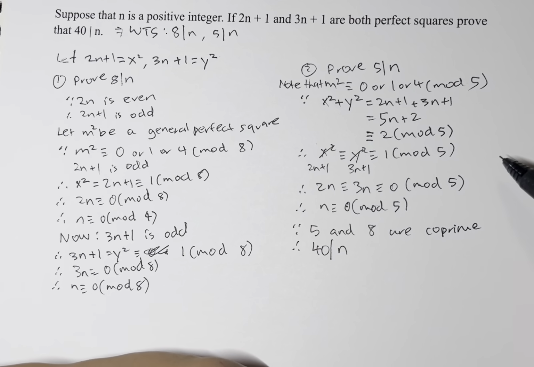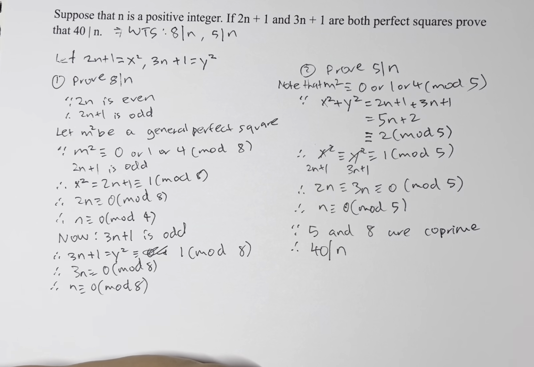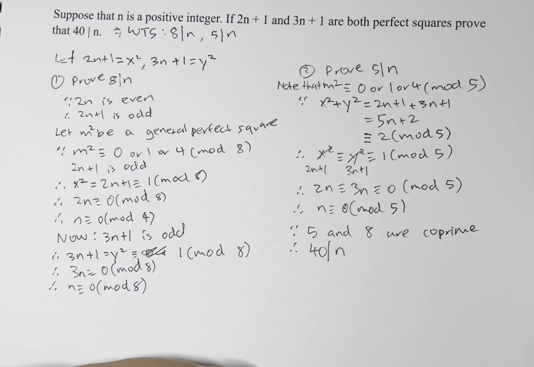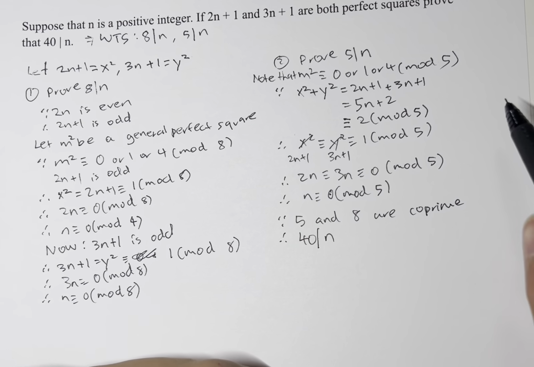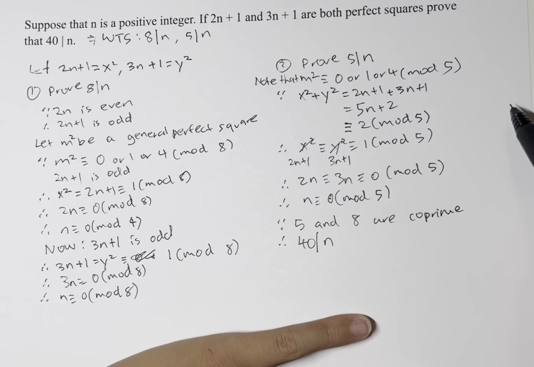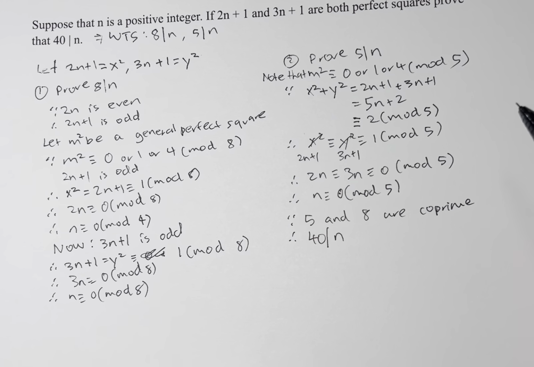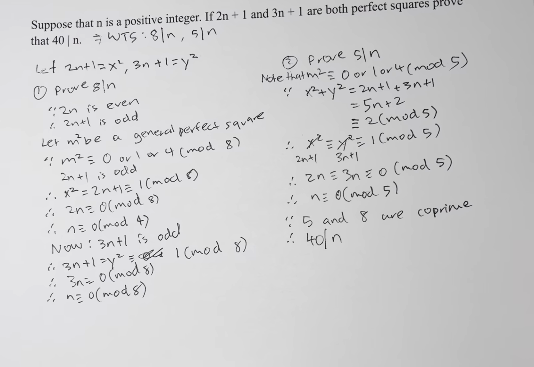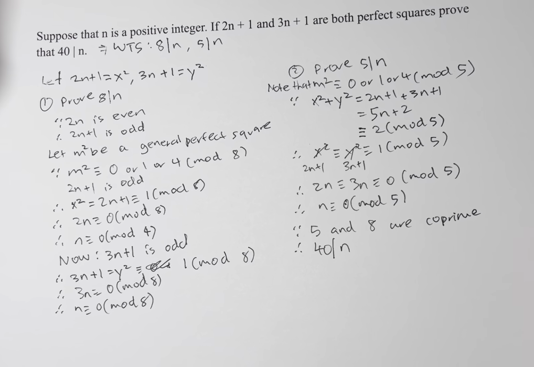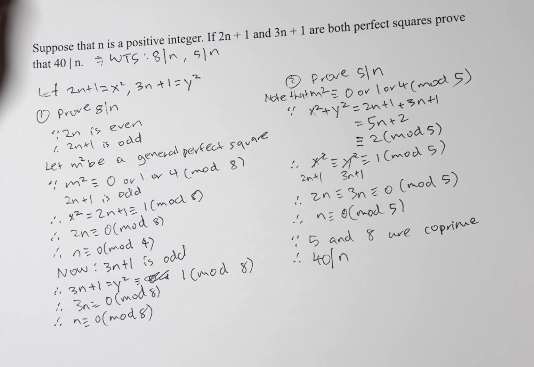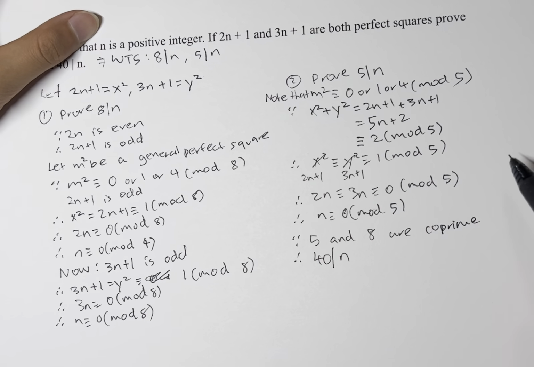A hugely important part of this is that 5 and 8 are co-prime. Because if they're not co-prime, you can't multiply them together. An example: if you want to prove that 8 is divisible by a number, you might try proving that 2 and 4 are divisible by that number.